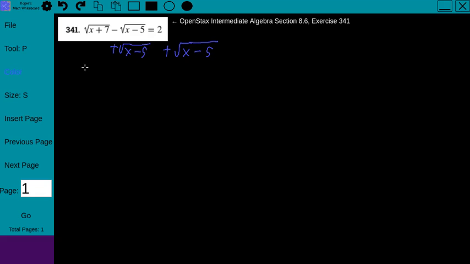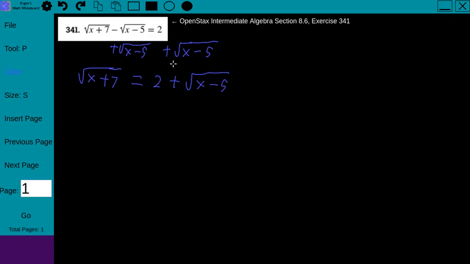What that will give us is square root of x plus 7 equals 2 plus square root of x minus 5. Okay, so at least we have one of these radicals isolated.